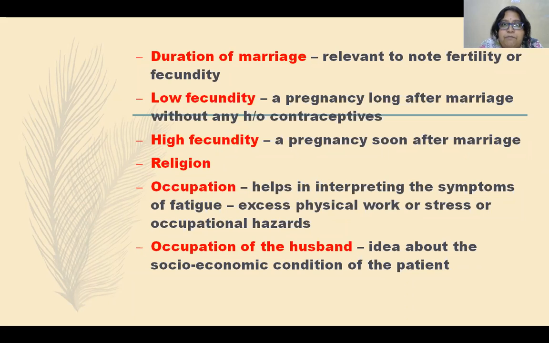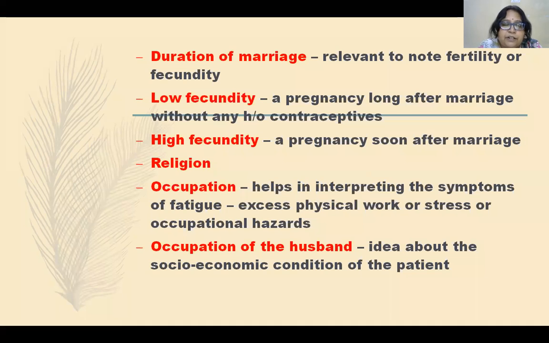This is important because you need to advise her regarding contraceptives once her pregnancy is completed. Next, high fecundity is when a pregnancy occurs soon after the marriage. Then a woman is said to be of high fecundity.